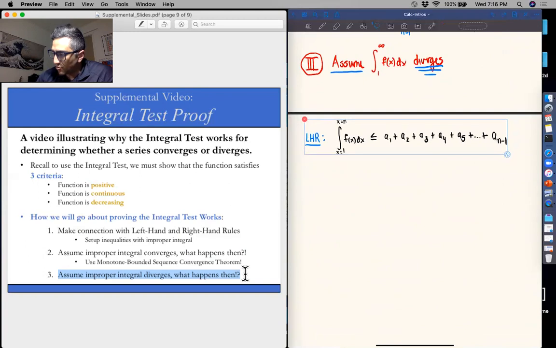Now from left-hand rule, what we saw was for our integral from x equals 1 to x equals n, that is less than or equal to, well, the n minus first partial sum.